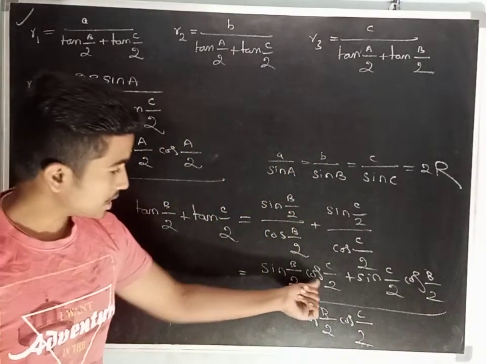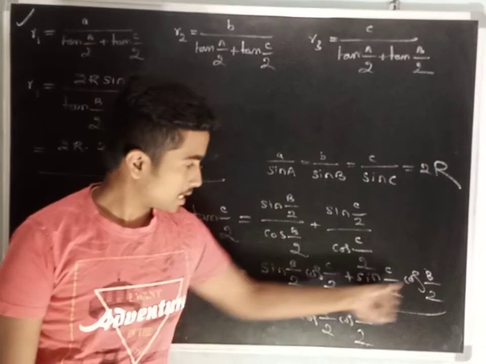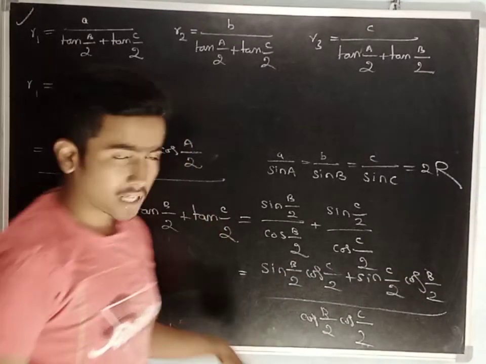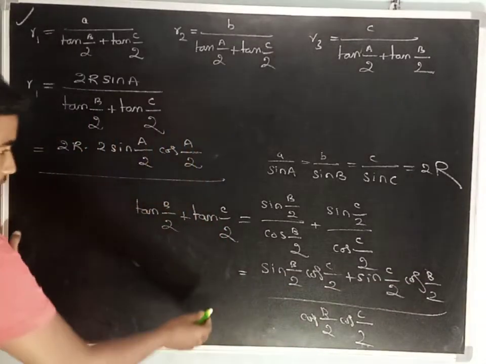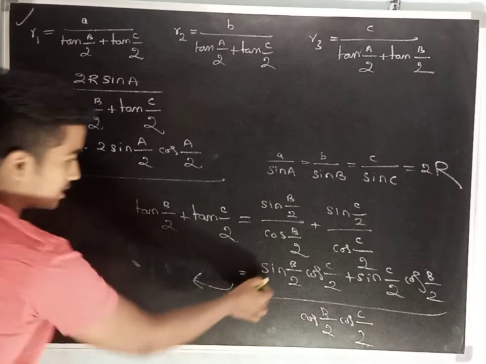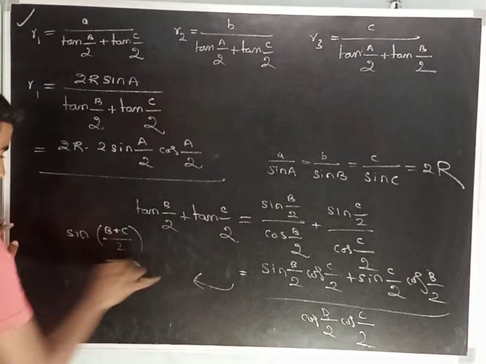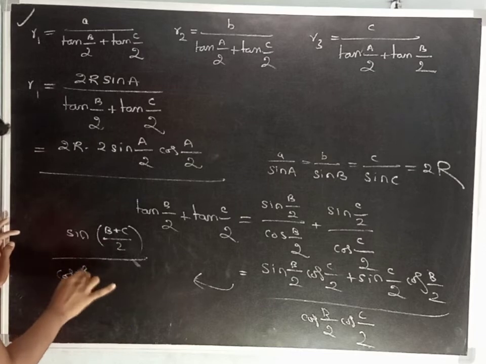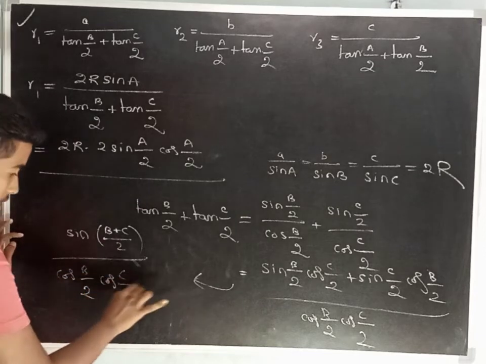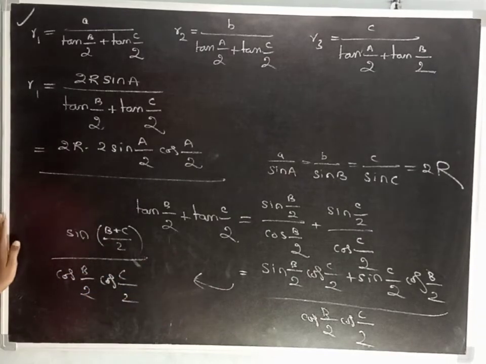Sin A cos B plus sin B cos A is nothing but sin of A plus B. So it can be written as sine of B plus C by 2 by cos B by 2 into cos C by 2.